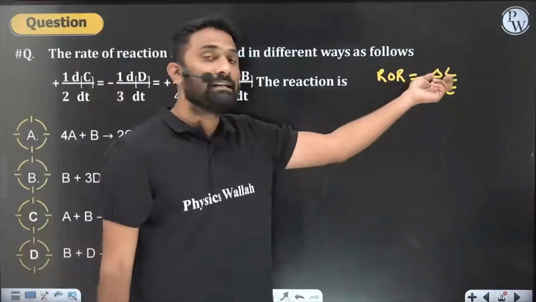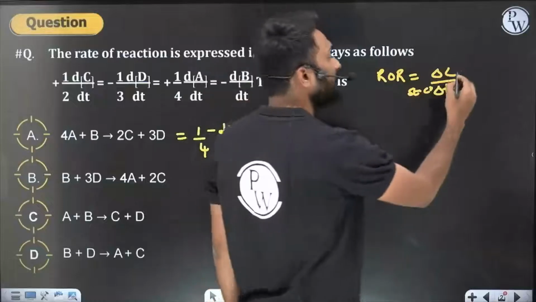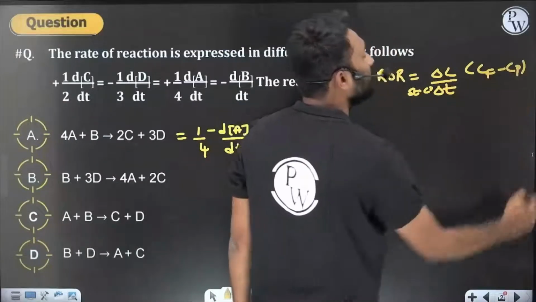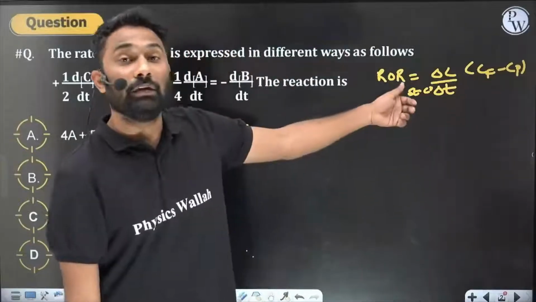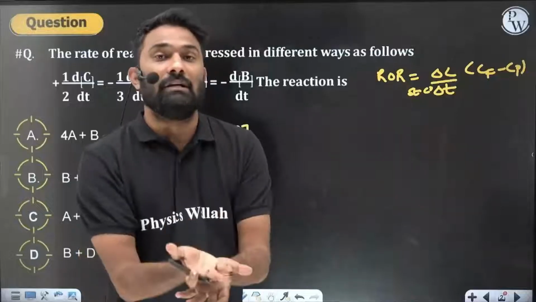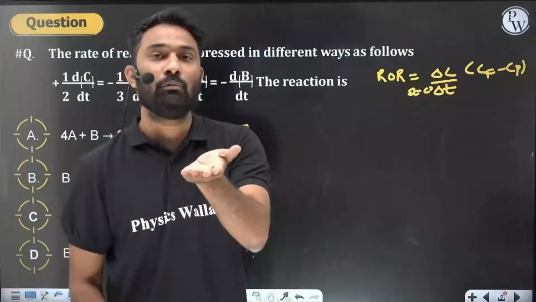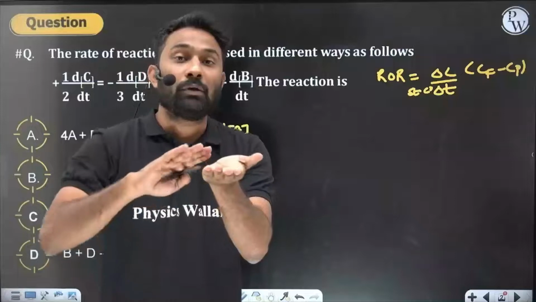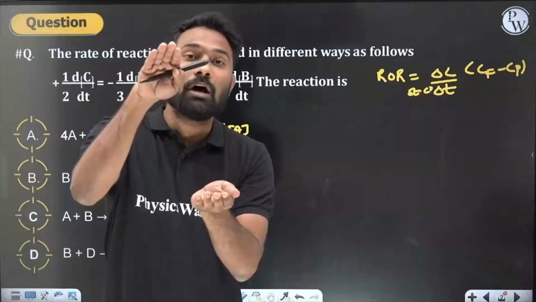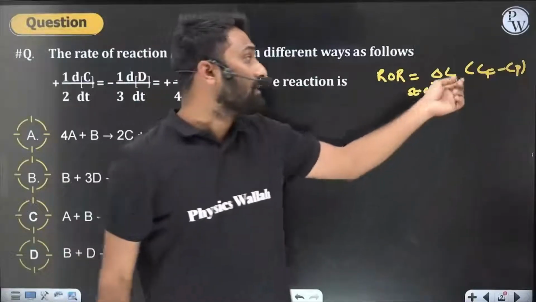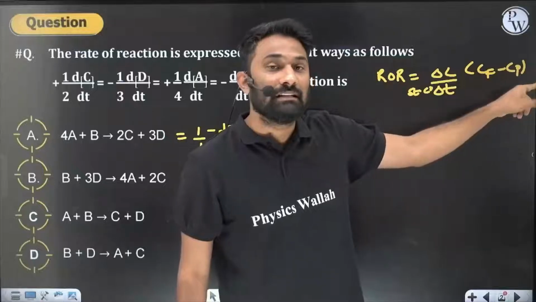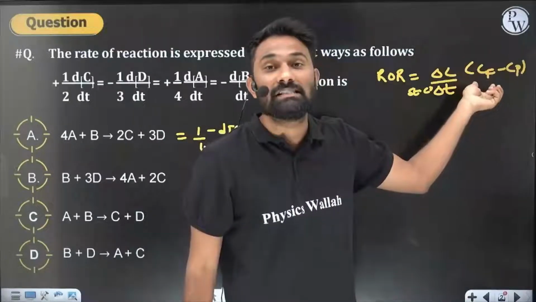Because change in concentration is C final minus C initial. If you started with 100 molar concentration, once the reaction starts the molar concentration decreases, so the final concentration will be less than the initial concentration. That is the reason the change in concentration will be negative.